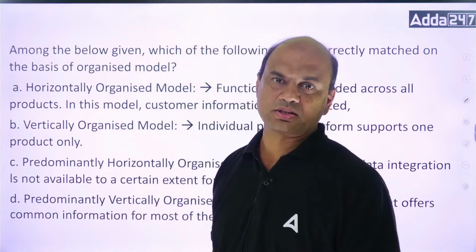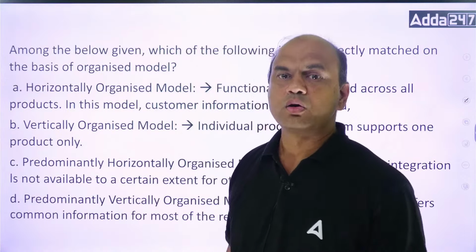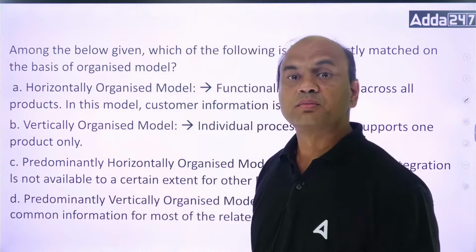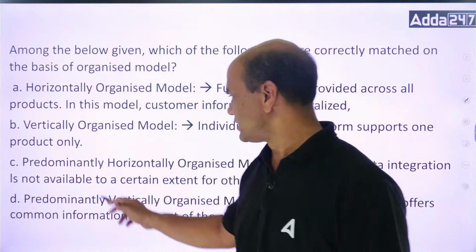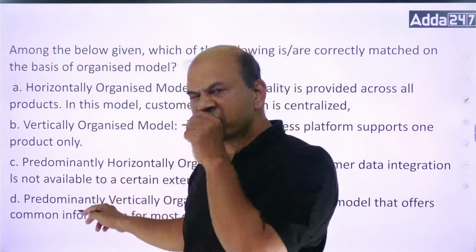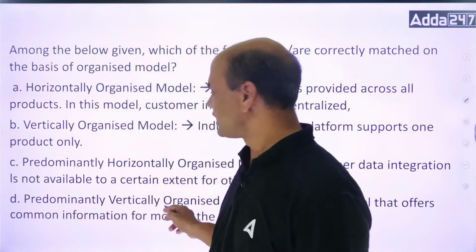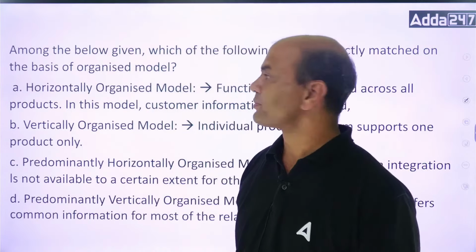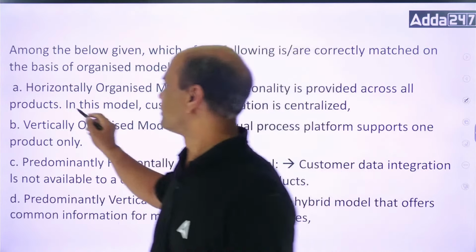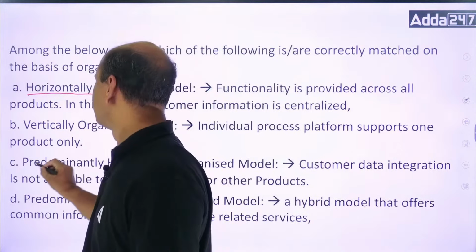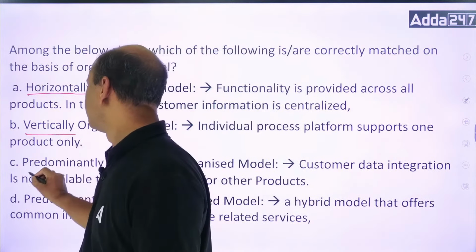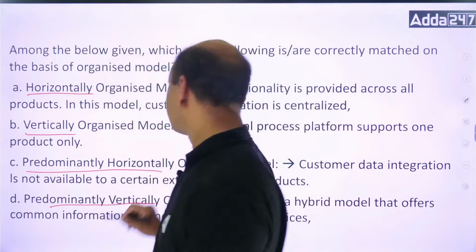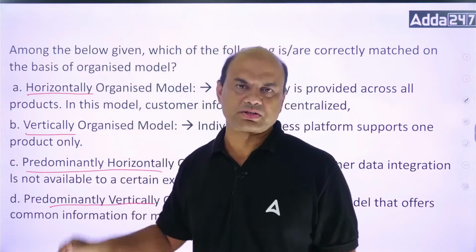Horizontally organized, vertically organized, predominantly horizontally organized, and predominantly vertically organized. These are the four types of models.